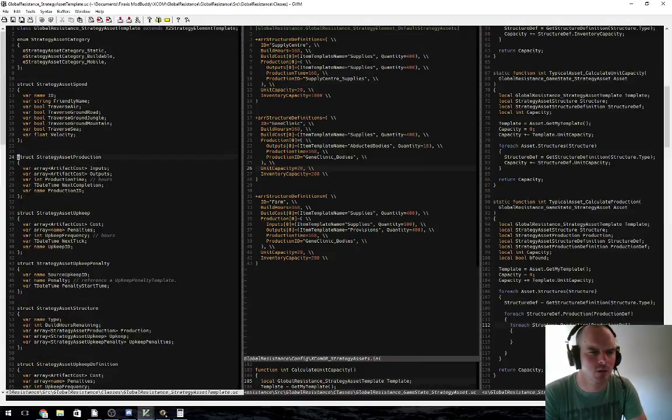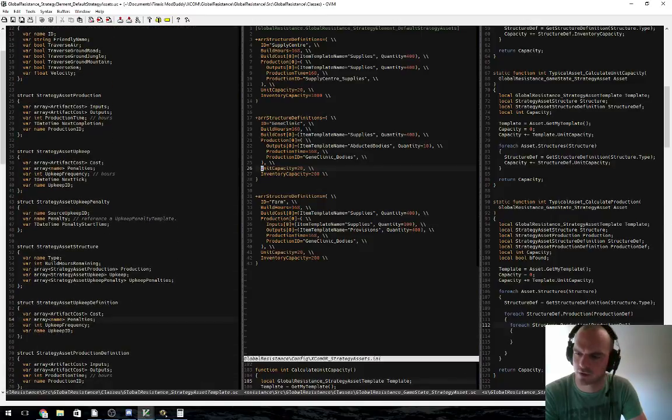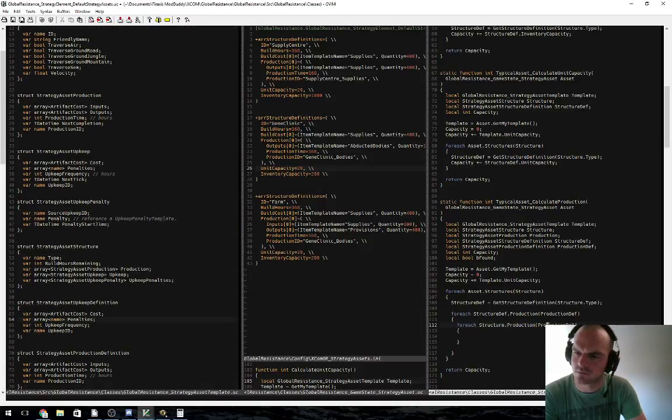So that's the actual structure production. So maybe a way to think of this is like a production instance.